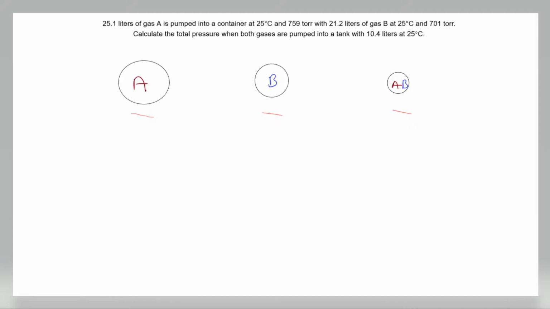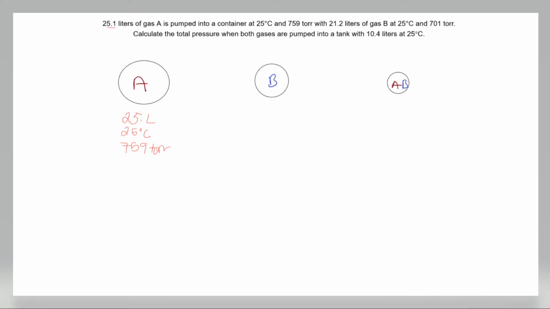So I tend to draw pictures, okay? And write the numbers associated with each picture. This first part is 25.1 liters of gas A. I'm going to just erase these lines real quick. So we have 25.1 liters of A, and it's at 25 degrees Celsius at 759 torr.